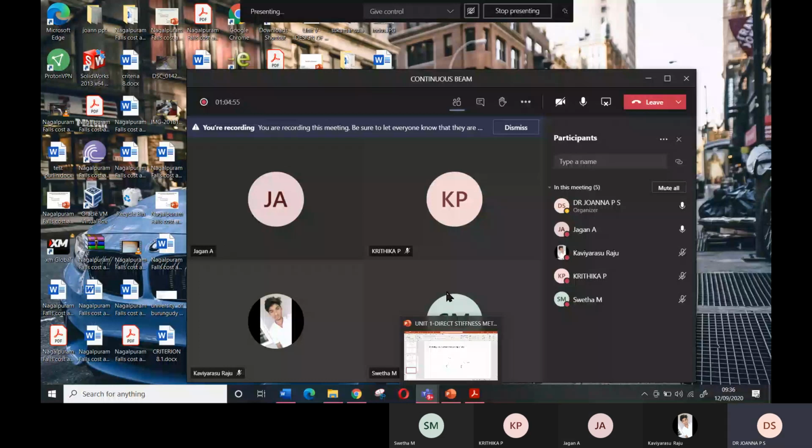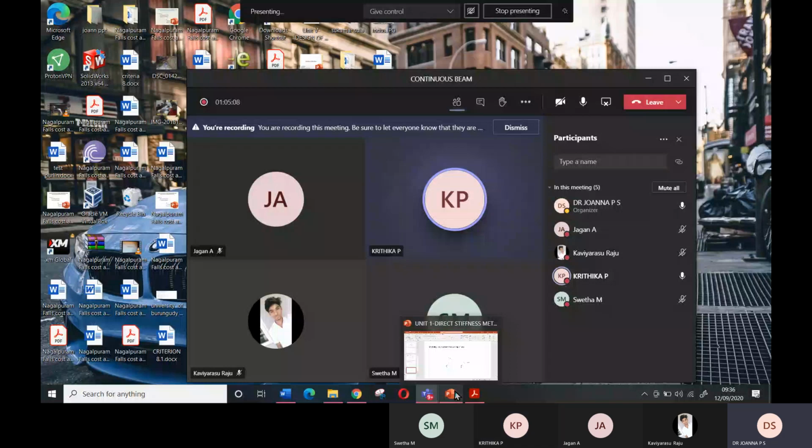What's the answer for the second question? Ma'am, R equal to 6 kilonewton. What's the question? Find the reaction.